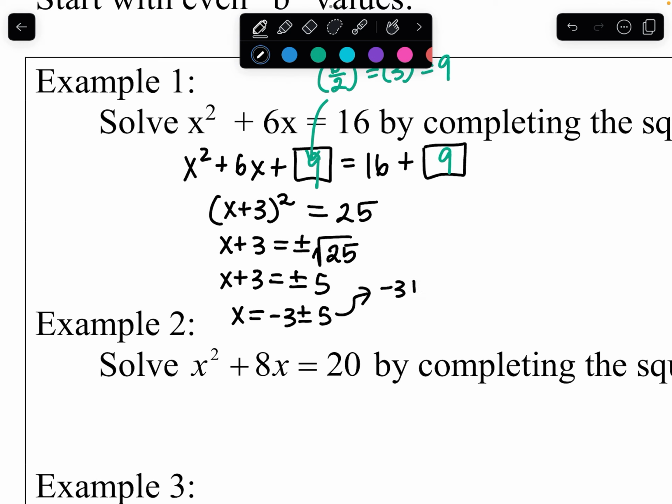We have negative 3 plus 5, or we have negative 3 minus 5. Remember, whenever your discriminant is a perfect square, that means you're going to have two rational solutions. And so you need to simplify all the way to those rational numbers. My two solutions here are negative 8 and 2.